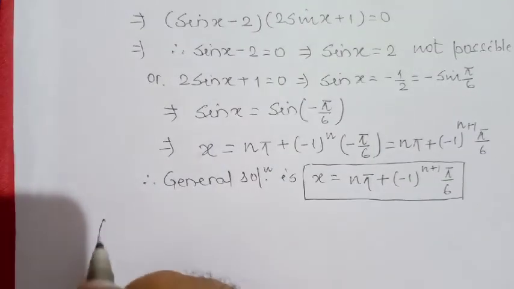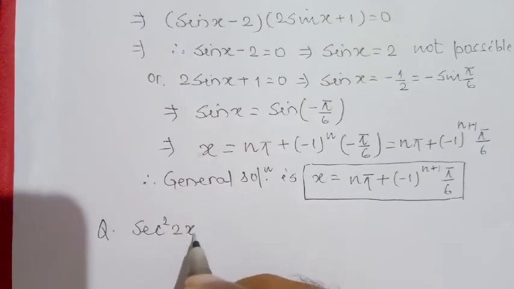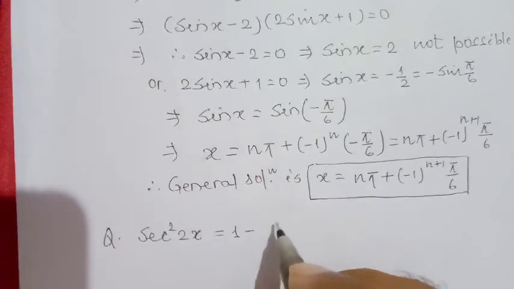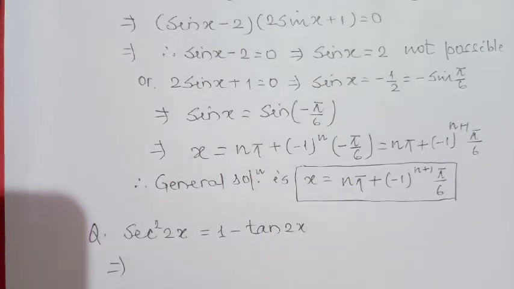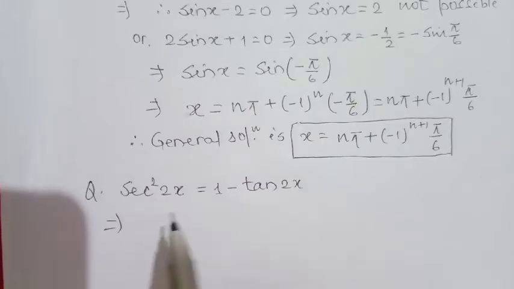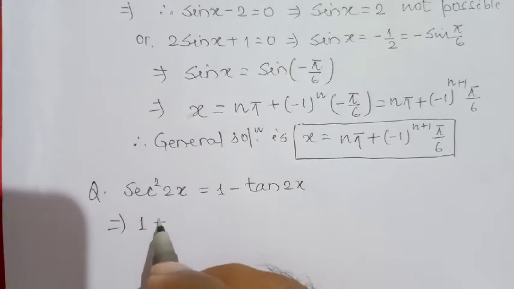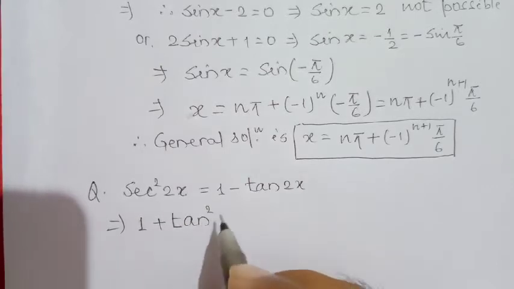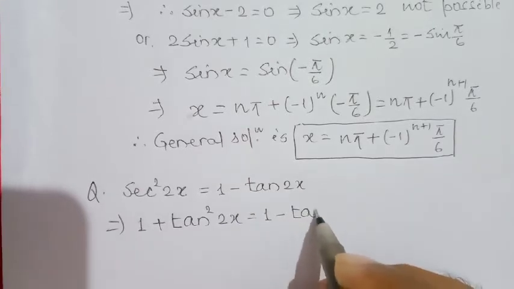Your next question is sec square 2x is equal to 1 minus tan 2x. So solve it. Your only question is solve it. Sec square theta, you know sec square theta is 1 plus tan square theta. So sec square 2x should be written as 1 plus tan square 2x is equal to 1 minus tan 2x.